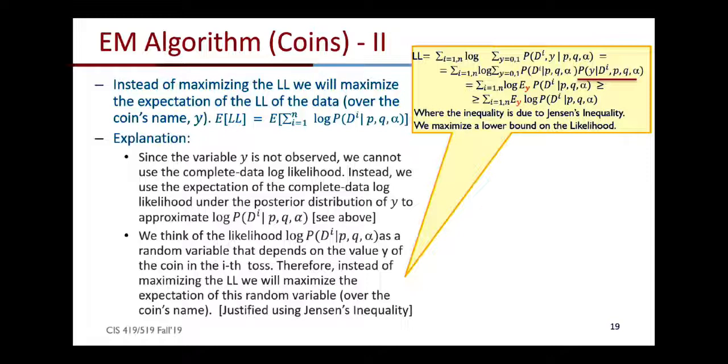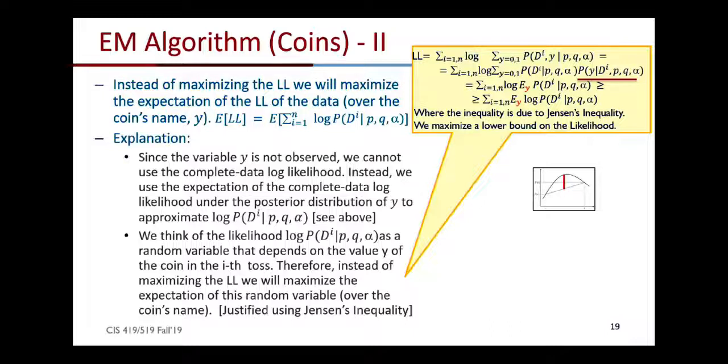I have the log of the expectation relative to y of something. Instead, I'm going to write it as the expectation of the log. It turns out that the log is a concave function. The log of the average is always larger than the average of the log. What you see here is the log function, and here is the weighted average between these 2 points.